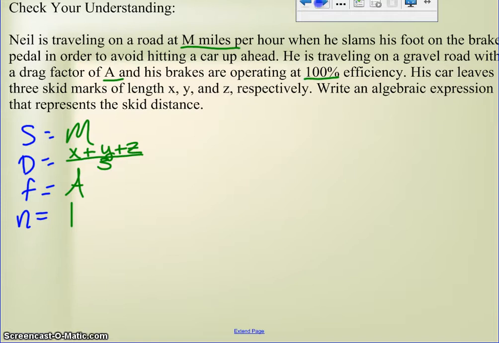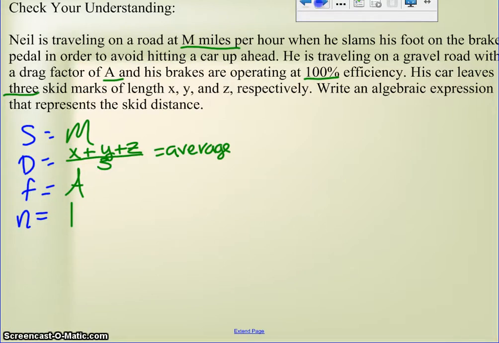Whenever we have 3 different skid distances, we have to take the average of the skid distance, which is also called the mean, which means I add all the values together and I divide by how many there were. Because there were 3 skids, I'm adding them together and dividing by 3.